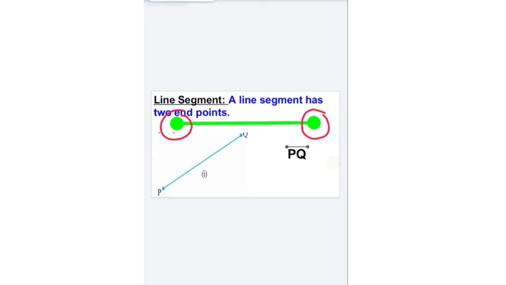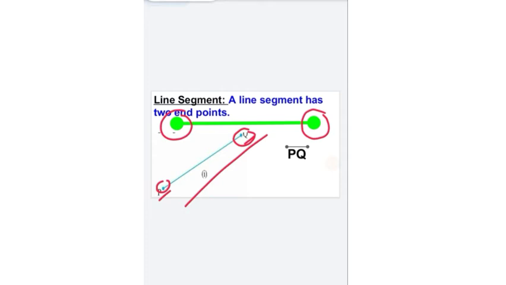It is fixed within its own length. Now you can see an example, PQ. It is a line segment. You can see that on the P side as well as the Q side we have dots, and these dots mean that this line cannot be extended from any of the endpoints.